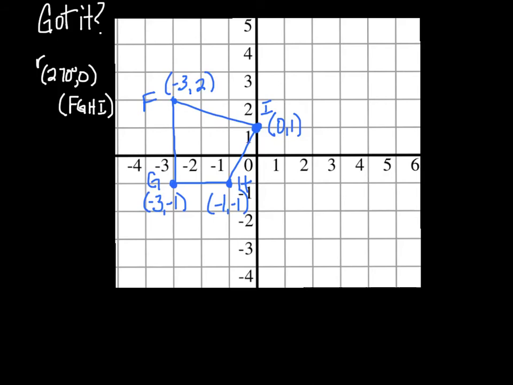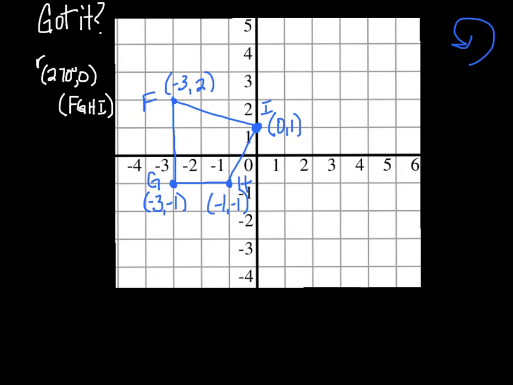In the got it problem, we're going to rotate quadrilateral FGHI 270 degrees around the origin. Now reminder, you're going to go counterclockwise. So I'm going to write the image in red. So we're going to start with F. If we look at our key concept, it says that 270 degrees means I'm going to flip your x and y around, and then the second number becomes negative.